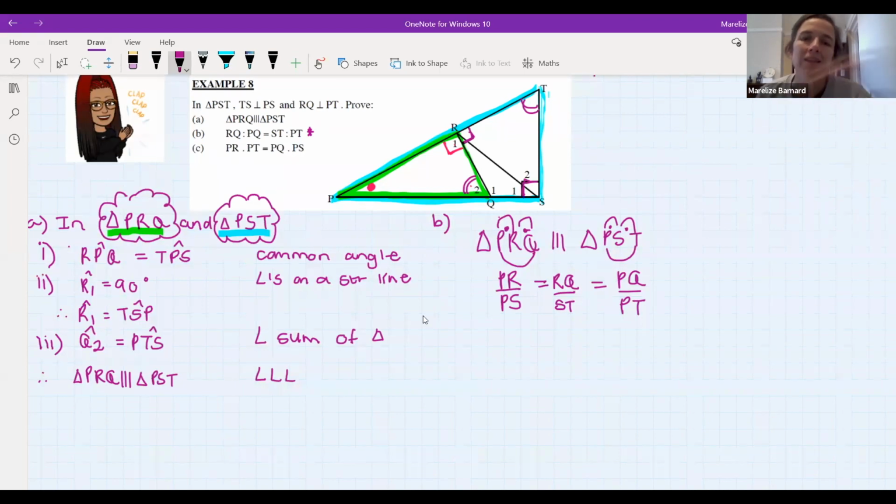If you do nothing else for this question, just write this down, because this is going to be worth a mark, but we have to put a reason. And the reason is that triangle PRQ is similar to triangle PST. So we write that down. The sides are in proportion.